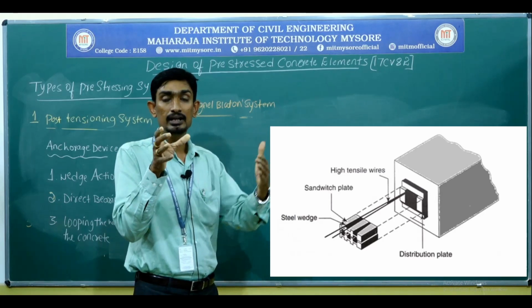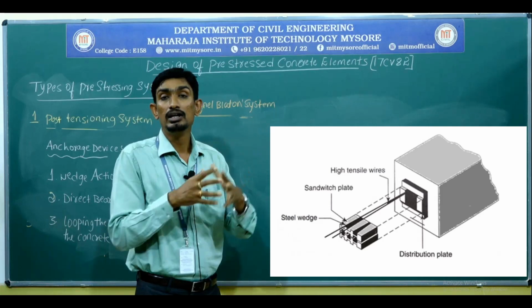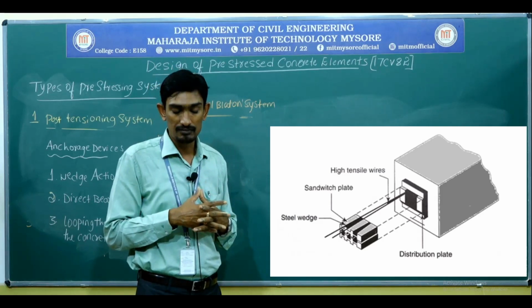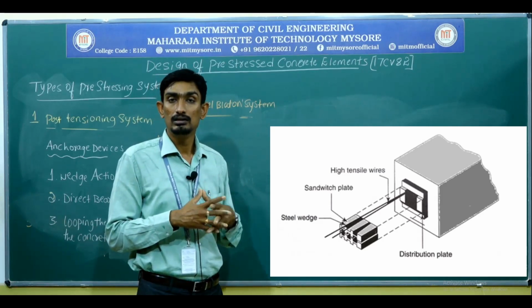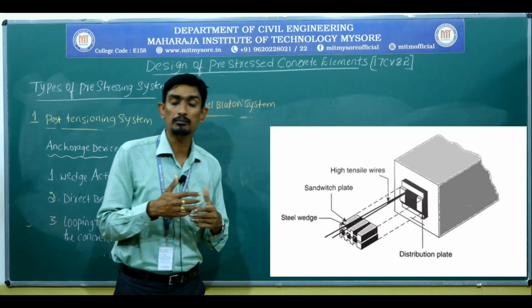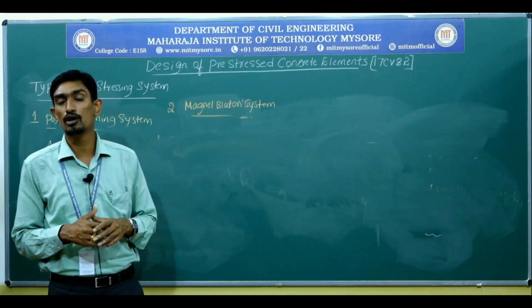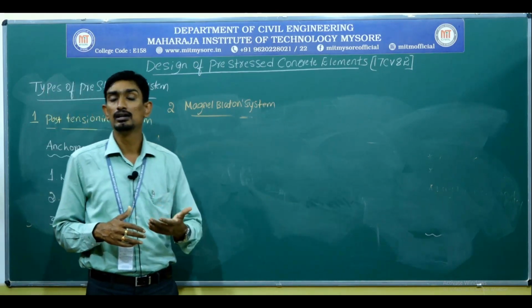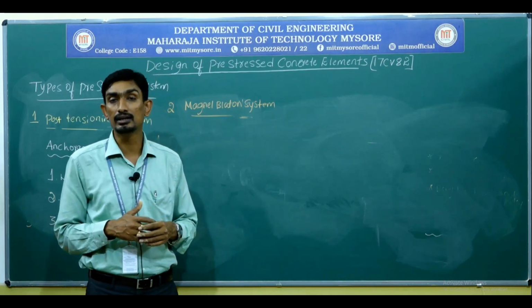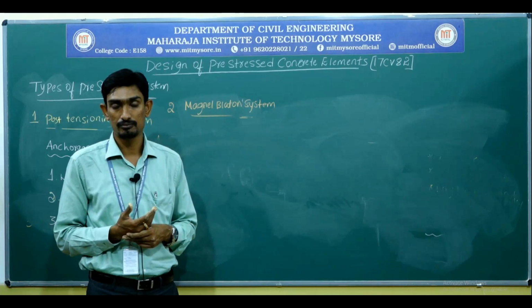Those sandwich plates will finally be inserted in the distribution plate, and the system is generated. So what I am trying to show here is that each inventor used a different methodology to anchor the high tensile wires or cables or tendons.